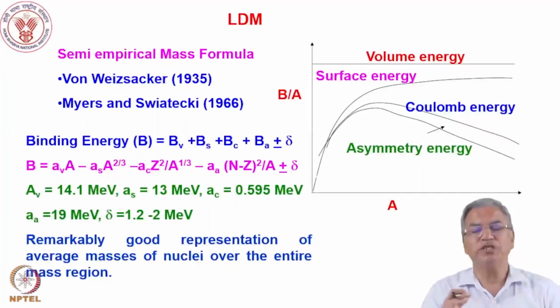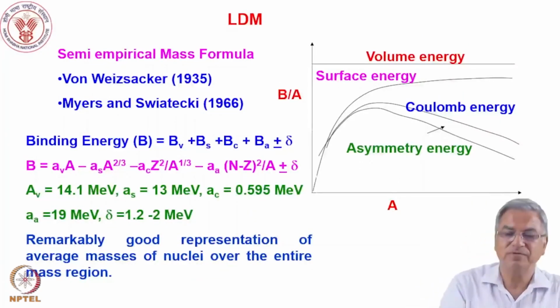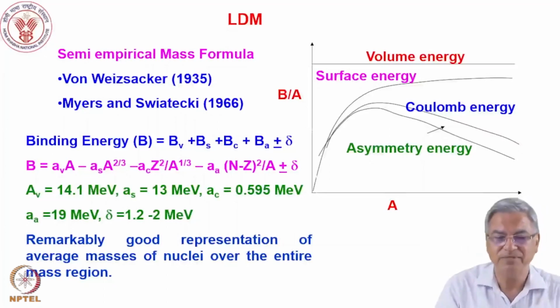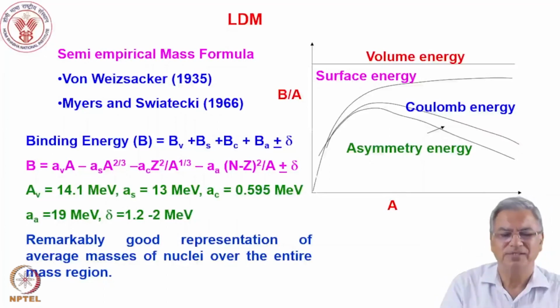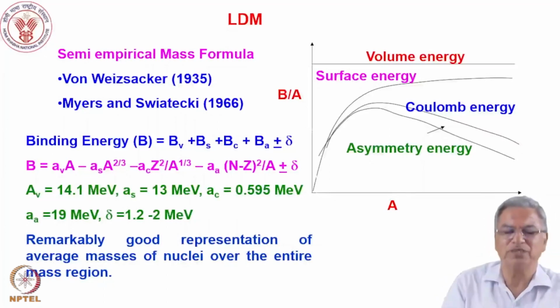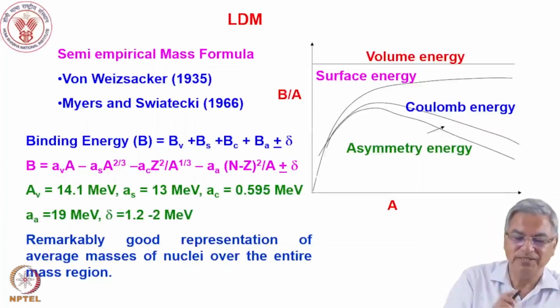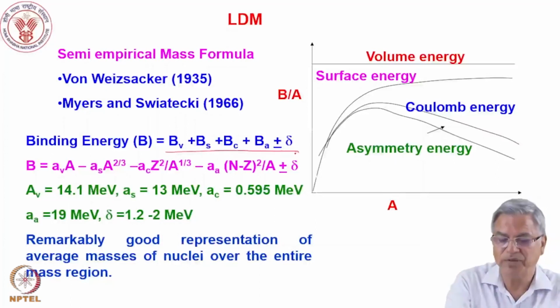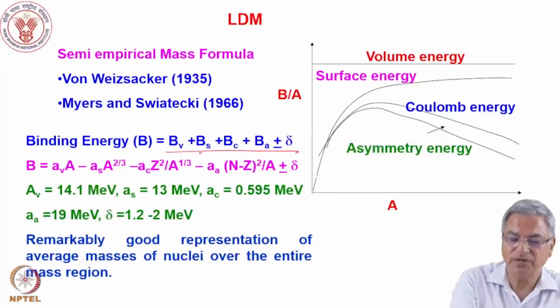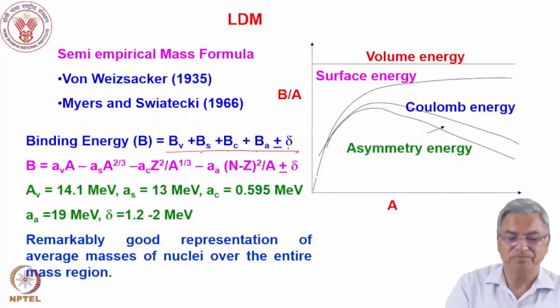So let us recapitulate whatever we have discussed in this slide. The liquid drop model, using the semi-empirical mass formula, gives the calculation of the binding energy in terms of different terms like the volume term, surface term, Coulomb term, asymmetry term, and pairing energy.